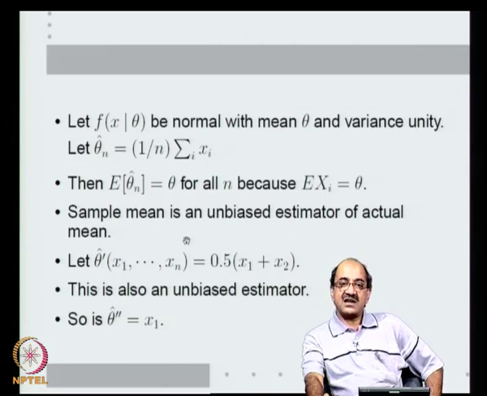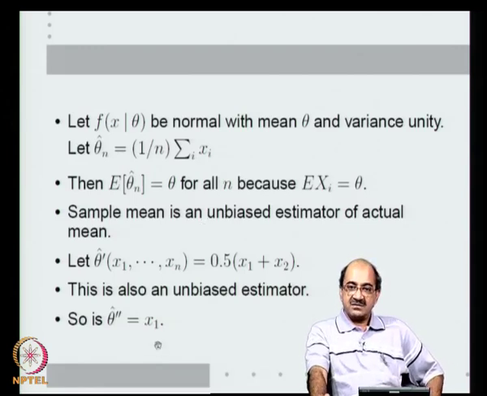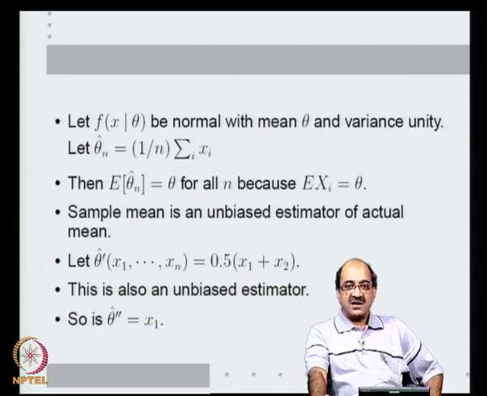Suppose I take another estimator, theta double prime hat, where I take the estimate to be the first value I get. This is also unbiased, right. It is like saying I want to calculate the probability of heads for a coin, I toss it a few times. I can take the number of heads by the number of tosses for any number of tosses, right.